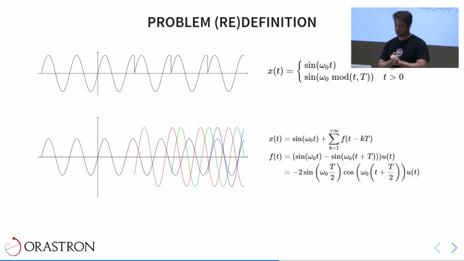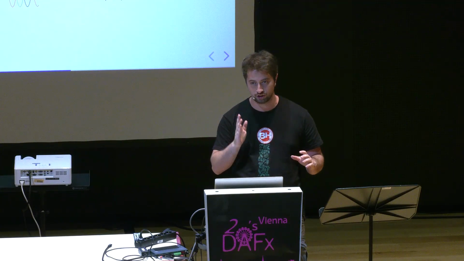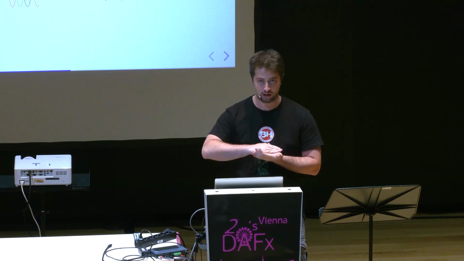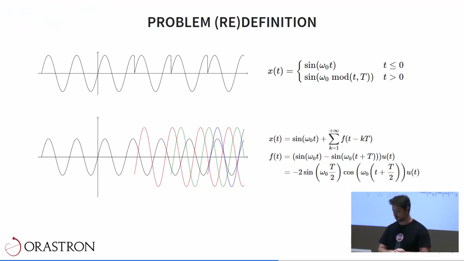So the trick here is to decompose the signal into the unsynced sinusoid plus a sum of shifted one-sided sinusoids with an appropriate amplitude and phase. And please notice that all of these sinusoids have the same frequency.